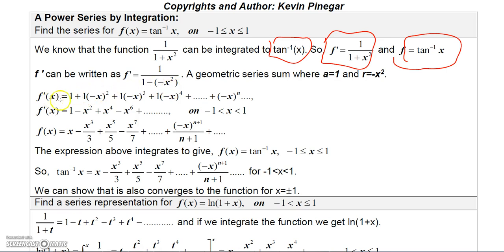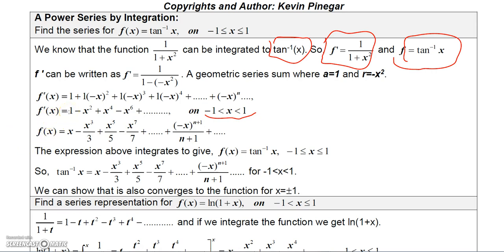So therefore f prime can be written as 1 plus 1 times r squared plus 1 times r cubed, and so forth. And if you simplify that, f prime is 1 minus x squared plus x to the fourth minus x to the sixth, and so forth. And you can show that that converges from negative 1 to 1.